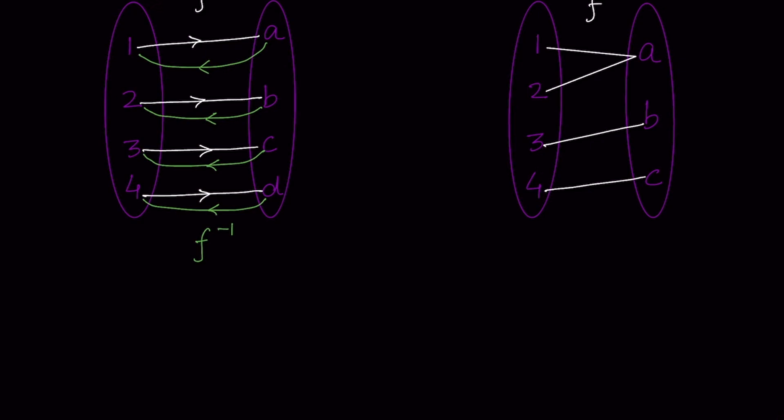That means f inverse is not a function. Function means there is no confusion about output. So in that case, f inverse will not exist.